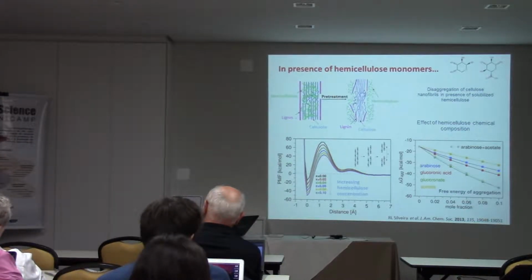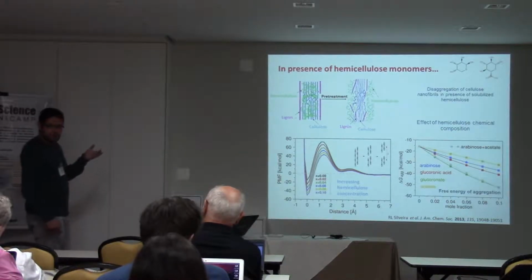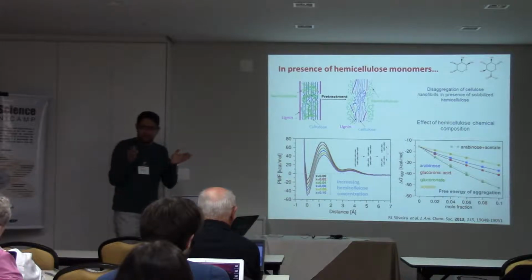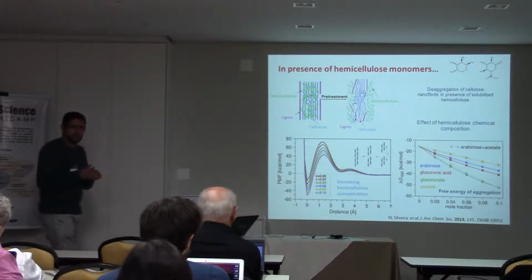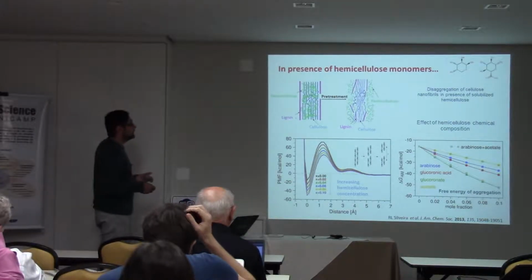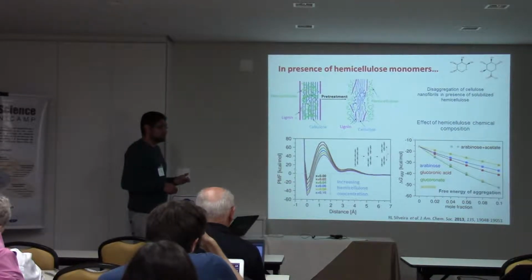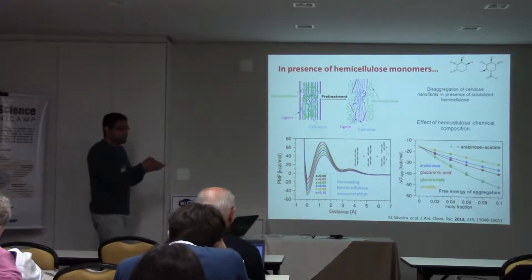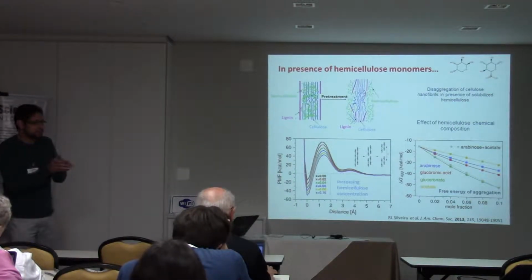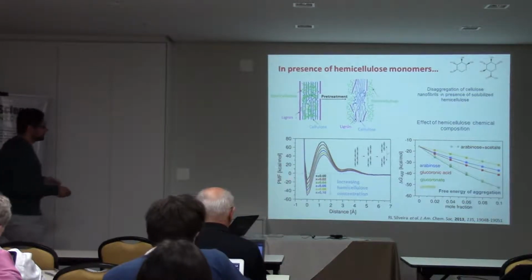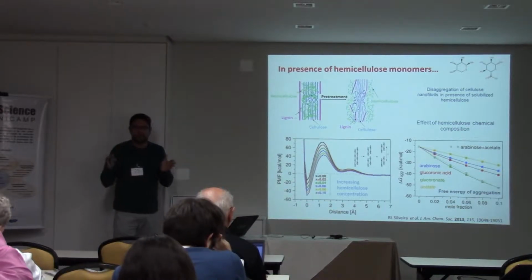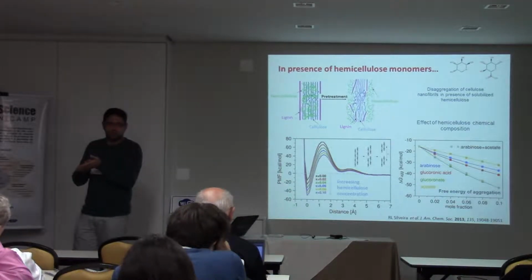So the question is, what is the effect of having monomers around the cellulose on the effective cellulose aggregation? It turns out that as you increase the hemicellulose concentration, the minimum of the free energy of cellulose aggregation gets deeper and deeper, which means that hemicellulose monomers can stabilize the cellulose contact.